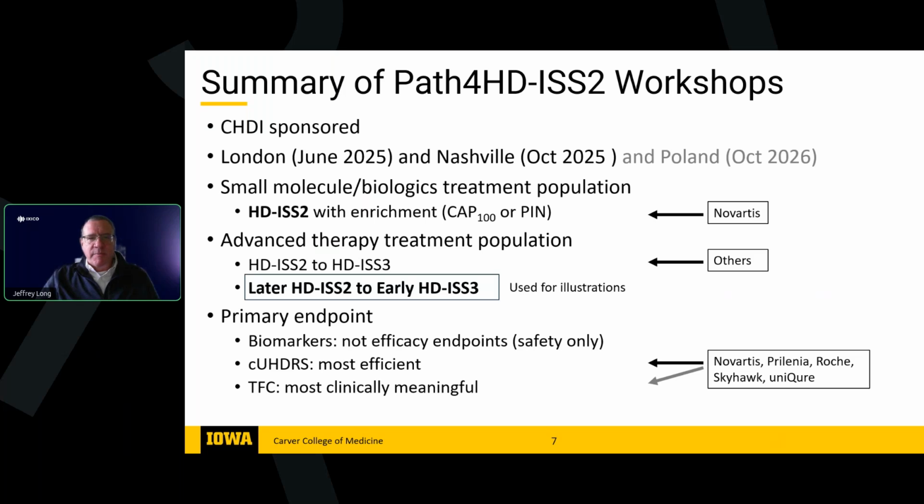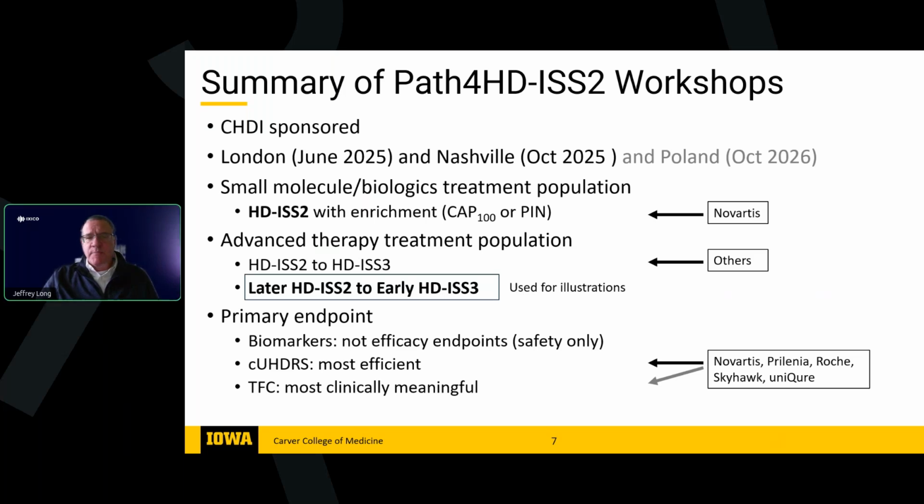For small molecule biologics, it's thought that the HDISS2 would be the best treatment population stage with enrichment based on CAP 100 or PIN, as I mentioned. Novartis has this, or is consistent with this in their protocol, if you want to take a look at clinicaltrials.gov.